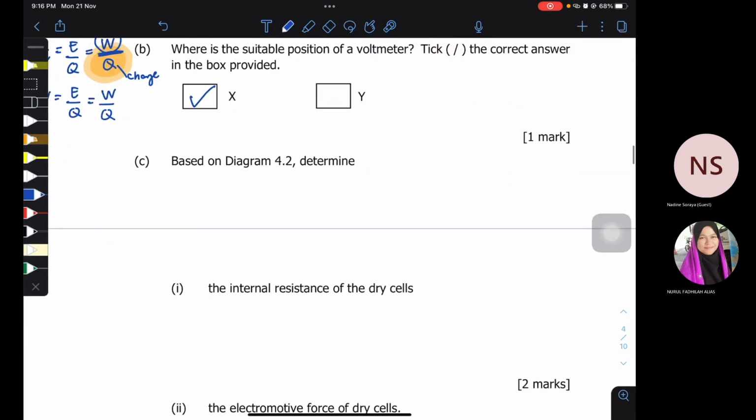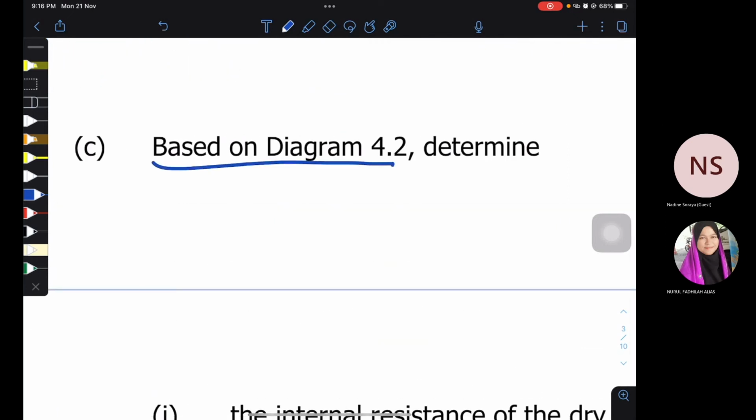Okay. Soalan seterusnya. Based on diagram. Dia kata based. Dalam exam, bila soalan kata based on something, you kena tengoklah benda tu betul-betul. Based on graph ke, based on diagram ke, based on the table, and so on and so forth. Okay.